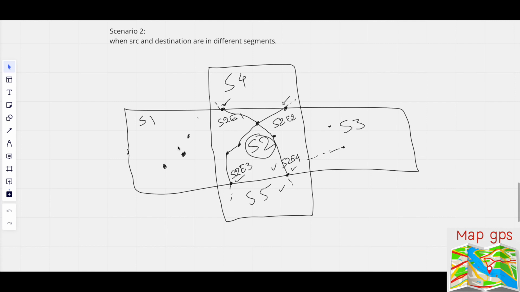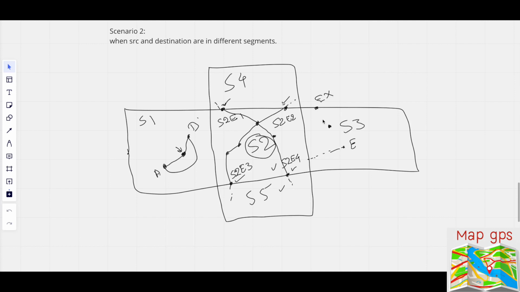We might consider that A is one point, D is another point here, so we know the path between them. So if the user is standing here, which is neither A nor D, and is requesting something like this point in S3, and in S3 we also have a point E here, and then an exit point, maybe call it EX, then how to go there?